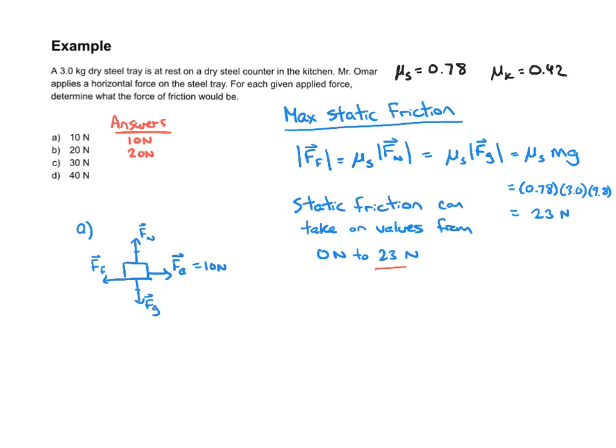Now 30 newtons is larger than the 23 newtons. That's the maximum static friction. So now it's going to move. It will actually slide once he applies 30 newtons. And since it slides now, we have to change from static friction to kinetic friction.